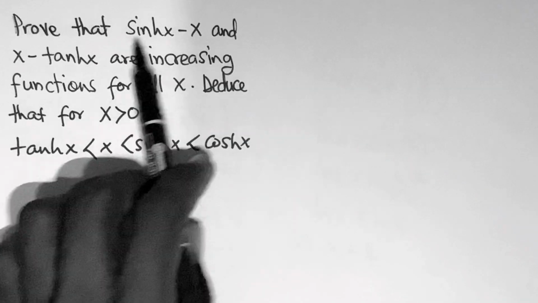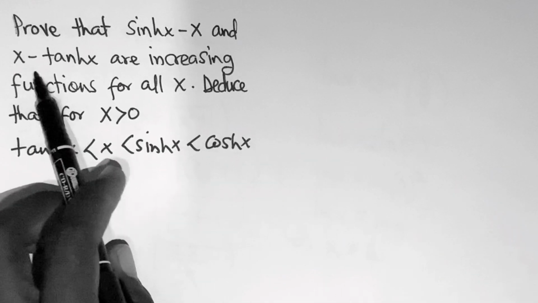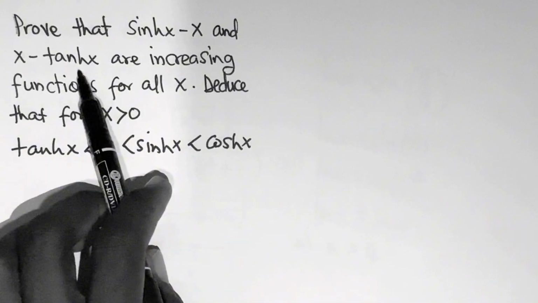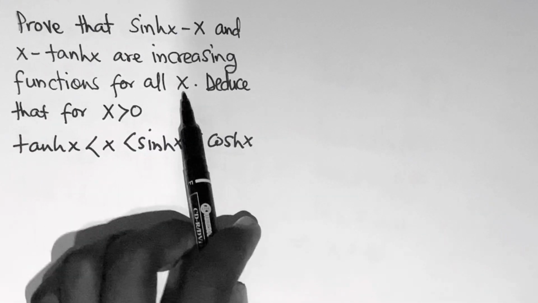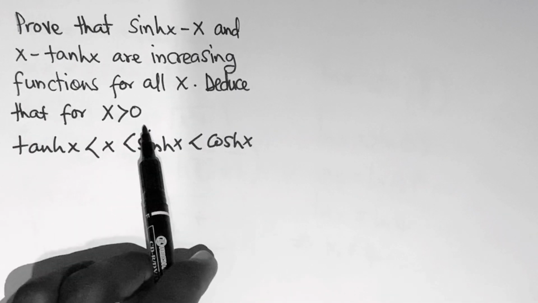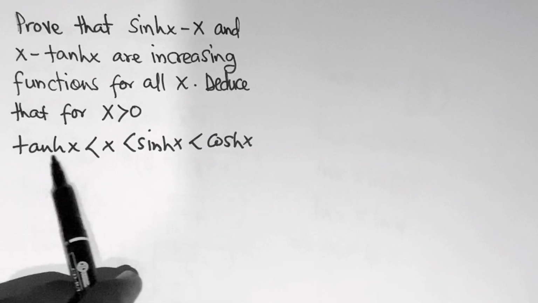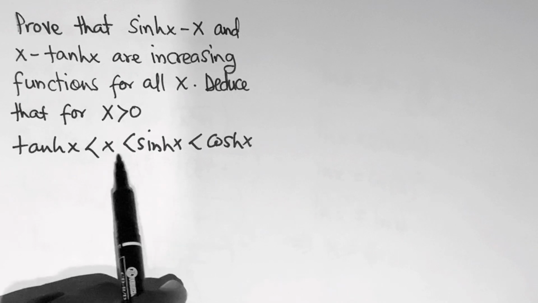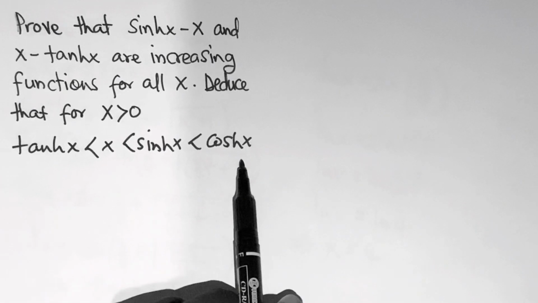Prove that hyperbolic sine x minus x and x minus hyperbolic tan x are increasing functions for all x, that is for x greater than 0. And also deduce that hyperbolic tan x is less than x, which is less than hyperbolic sine x, which is less than hyperbolic cos x.